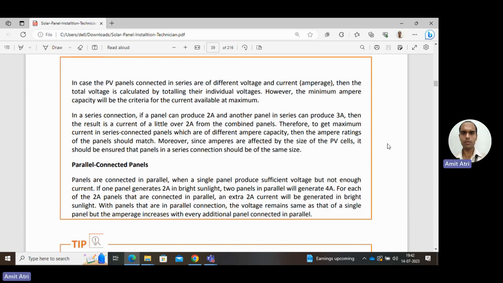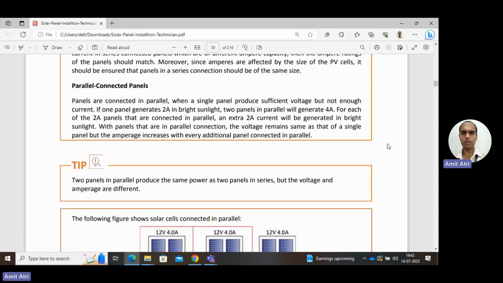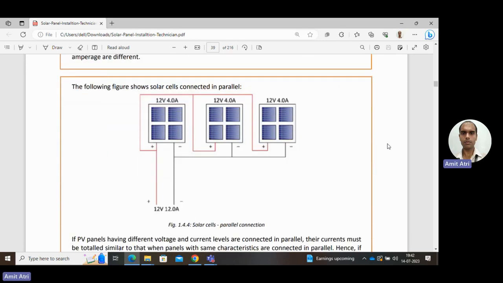Now coming to the parallel connection. In case of parallel connection, across the elements the voltage remains the same, whereas the current adds on. So if we want to increase the current, then we will use this parallel combination. Now taking this example as shown in the figure, three solar cells are connected, each having the same voltage and current of 12 volt and 4 ampere.